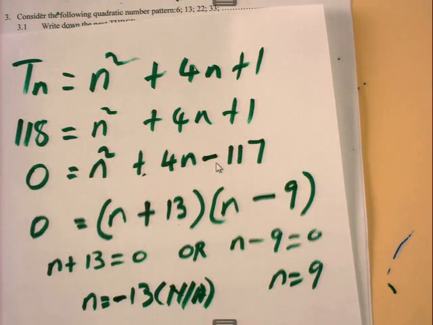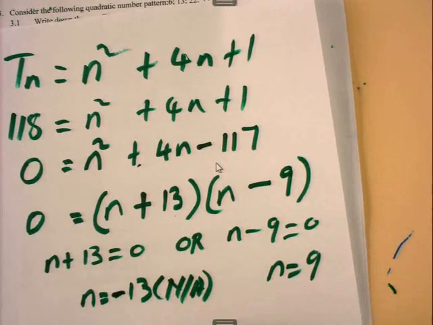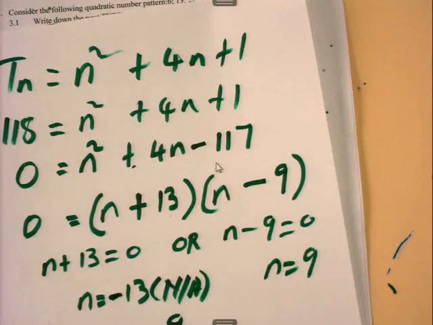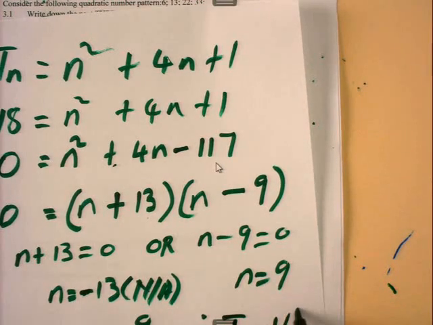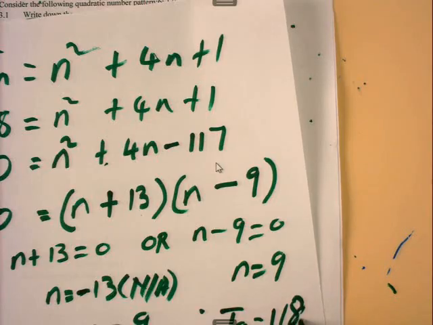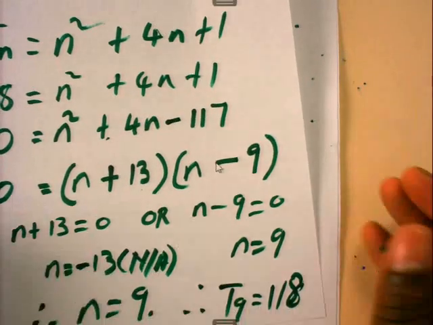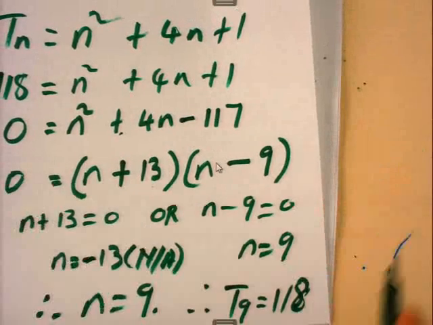Therefore, the correct answer is n equals 9. What does that mean? It tells us that term number 9 is the one that is equal to 118.